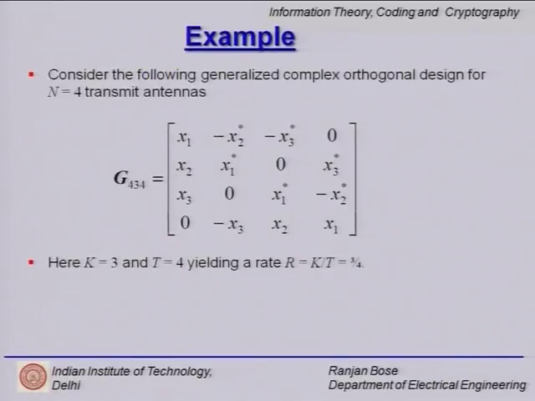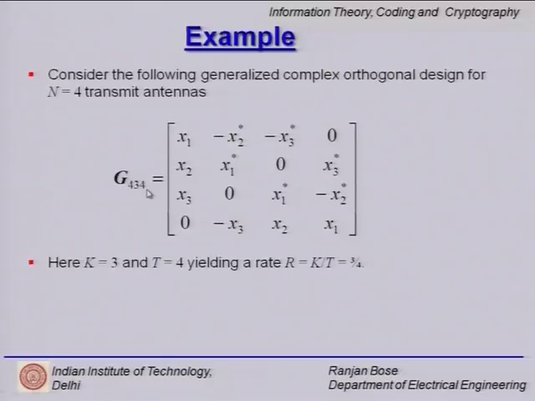Let's consider another example. This time we have n equal to 4 transmit antennas. So clearly there are 4 columns, and this is a 4-3-4 design.